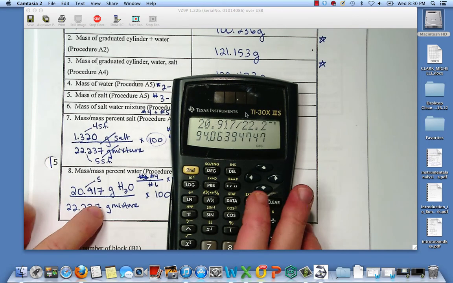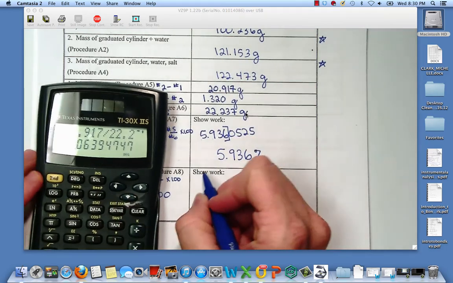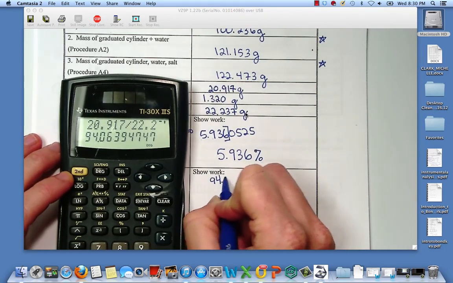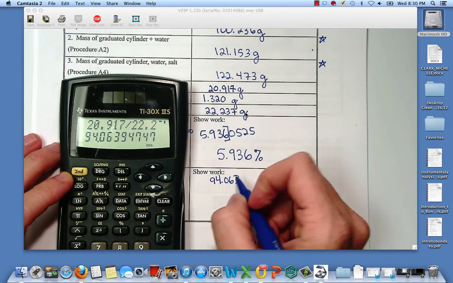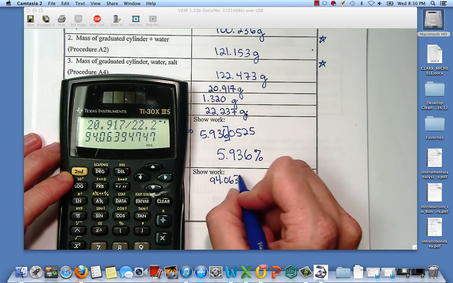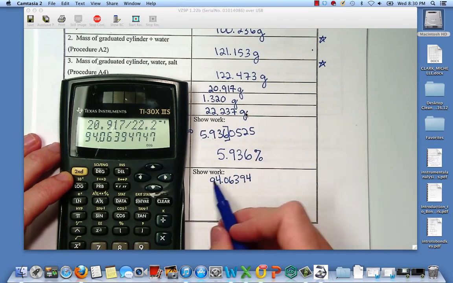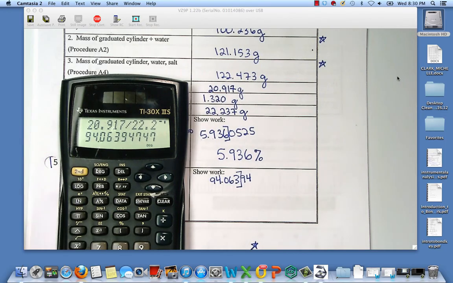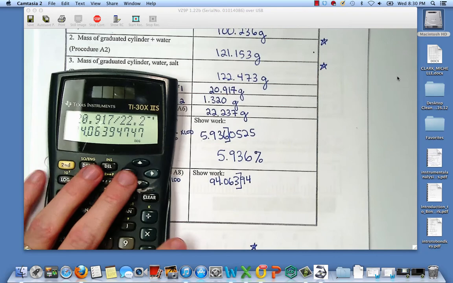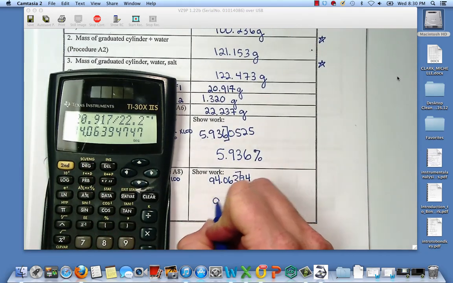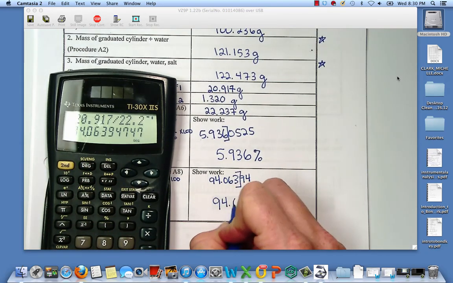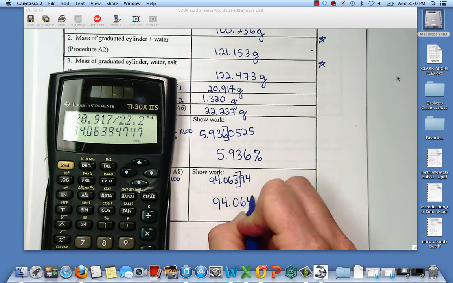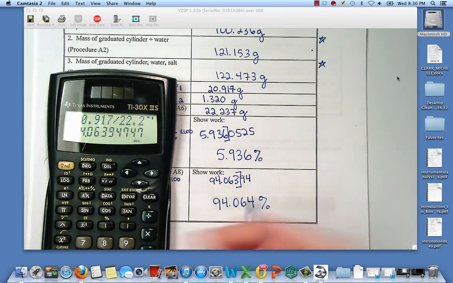Need to make this 5 sig figs. So 94.063, 4. 1, 2, 3, 4, 5. So I'll round that up. 94.064%.